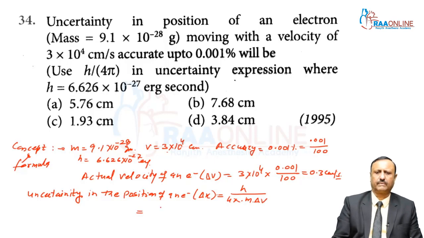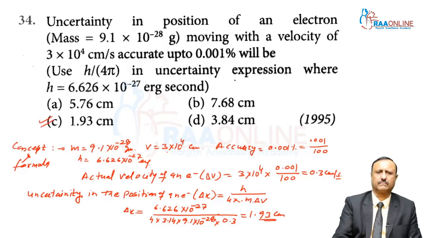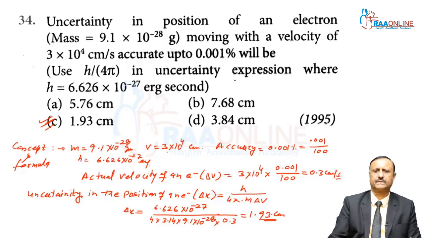Now, my dear students, you can put the values: 6.626 into 10 to the power minus 27 upon 4 into 3.14 into the mass of an electron, which is given by 9.1 into 10 to the power minus 28. Here you can put delta v, that is 0.3. Then, my dear students, you can calculate delta x. Here, delta x is 1.93 centimeter, and this is your answer. Question number 34, answer is C, 1.93 centimeter.